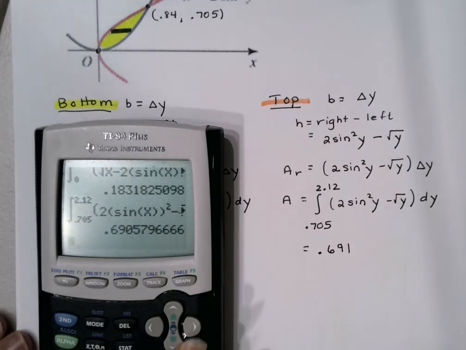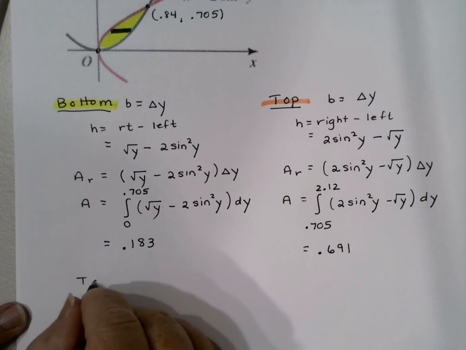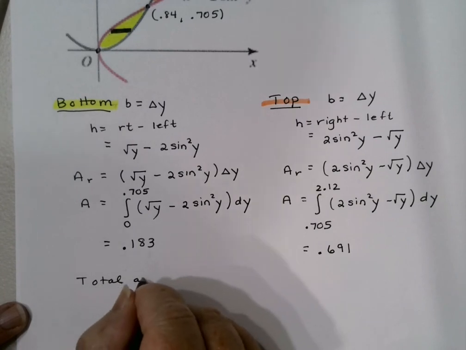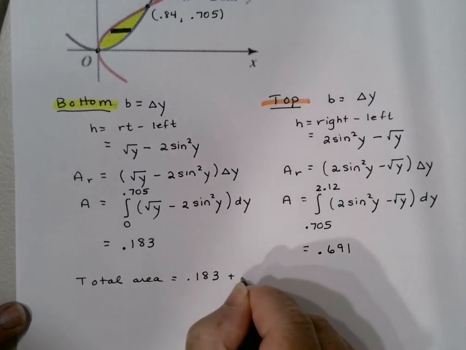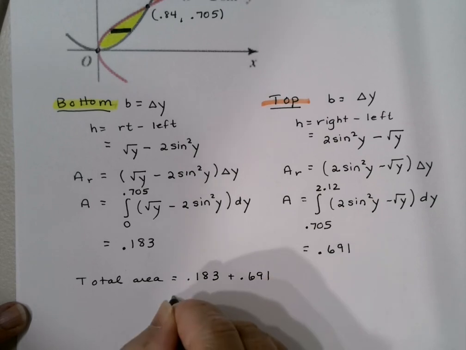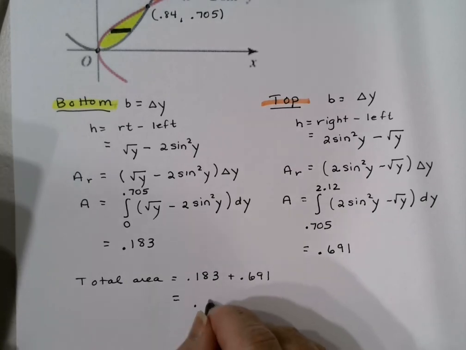So for the total area, I'll just add my two pieces together, and I get 0.874.